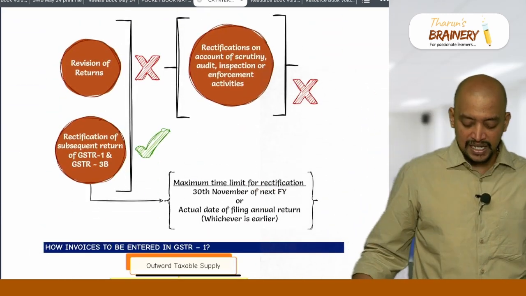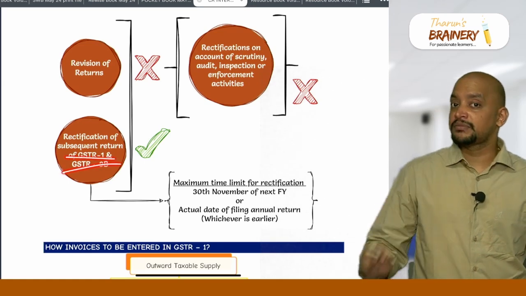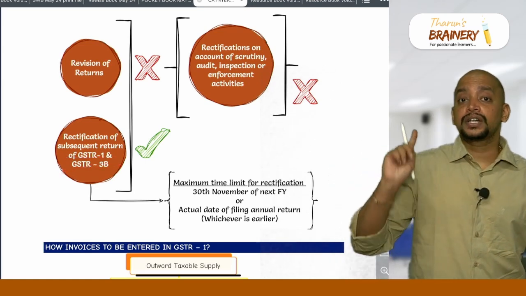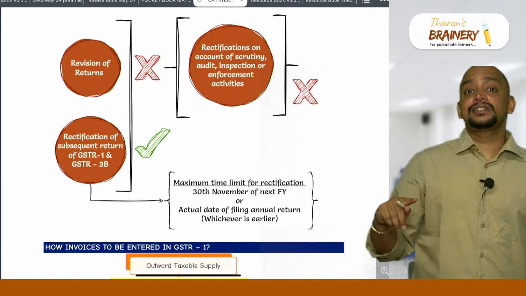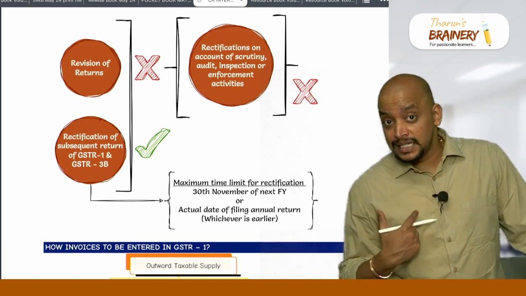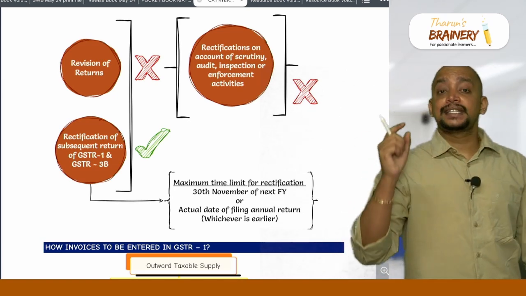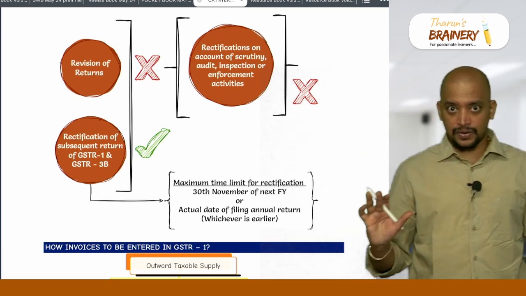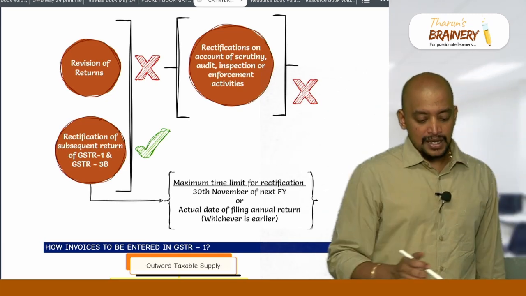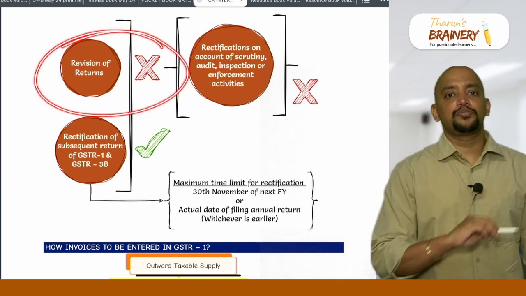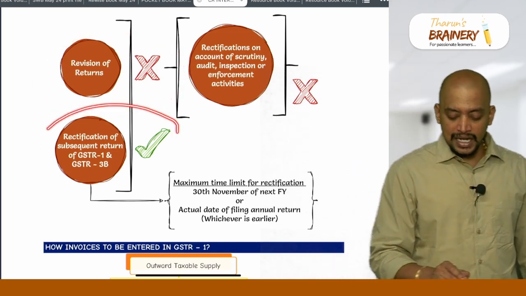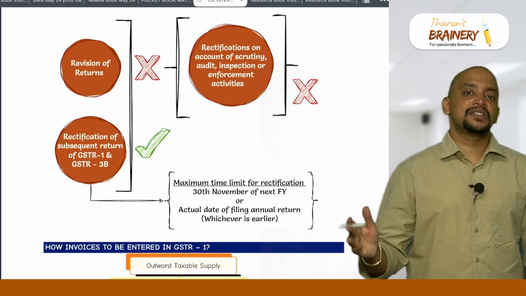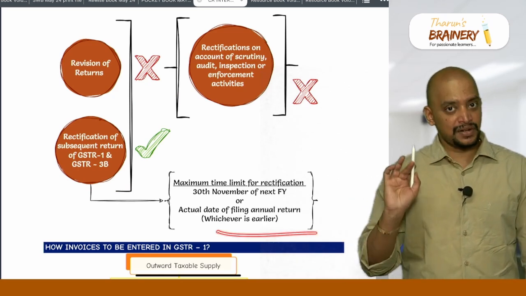Yes, we can rectify the return GSTR 1 and 3B, but remember that rectification should not be on account of any audit or investigation. Voluntarily, if the registered person has identified the mistake, then they can rectify the mistakes in the return. So revision in return is not possible in GST. There is only rectification of return, and the time limit is 30th November of succeeding financial year or date of filing annual return, whichever is earlier.